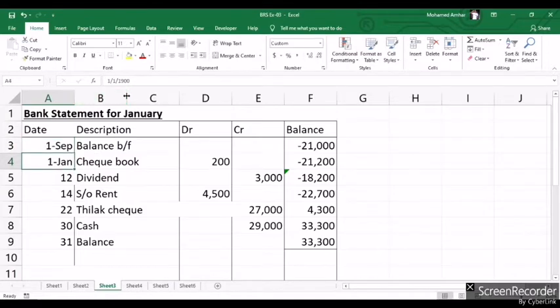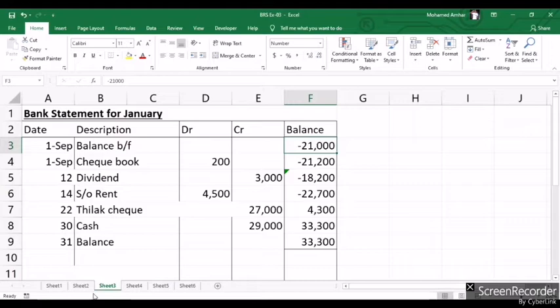So September 1st balance is balance brought forward, 21,000 overdraft. Overdraft should be shown as minus.